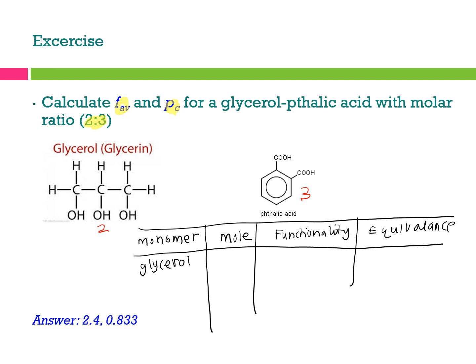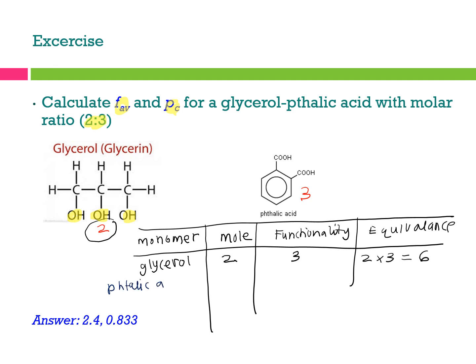The number of moles of glycerol is 2, which is given in the question. So you write 2 here. For functionality, you need to find the functional groups of glycerol. It has 1, 2, 3 OH groups, so you write 3 here. And the equivalent is moles times functionality, which is 2 times 3, so you get 6.